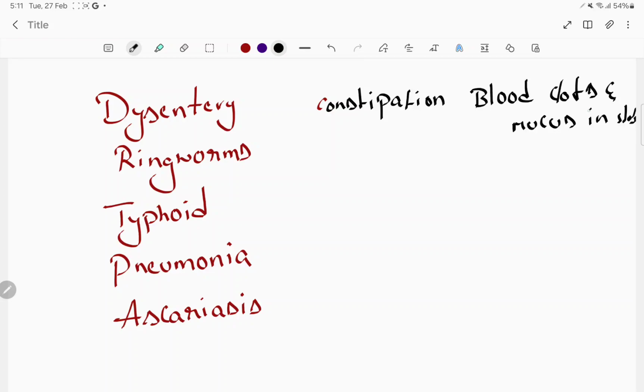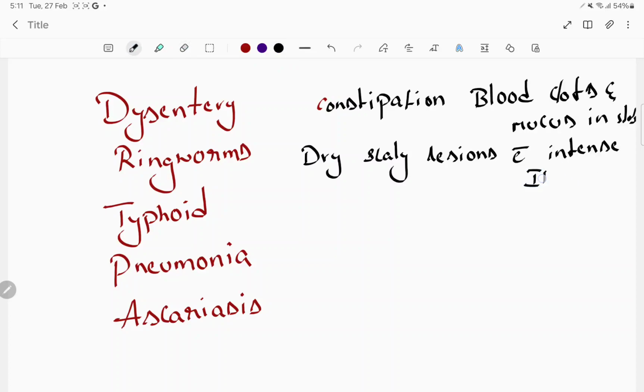Coming to the next, ringworm: dry scaly lesions with intense itching. And next, for typhoid, intestinal perforations and death in severe cases.